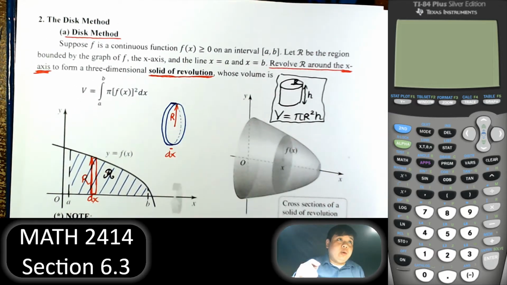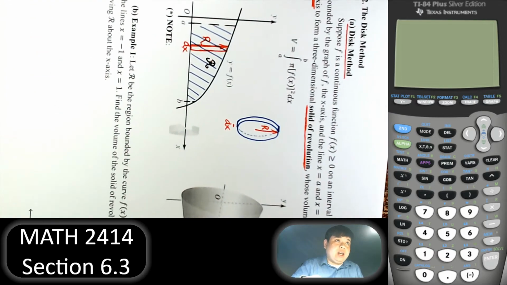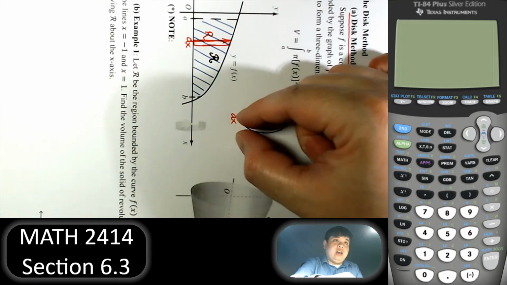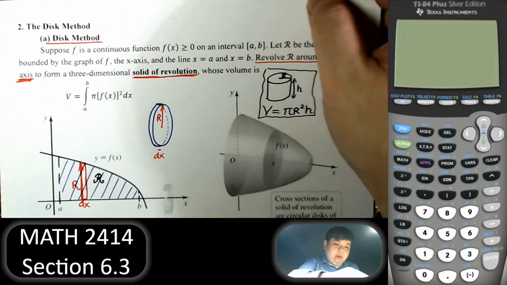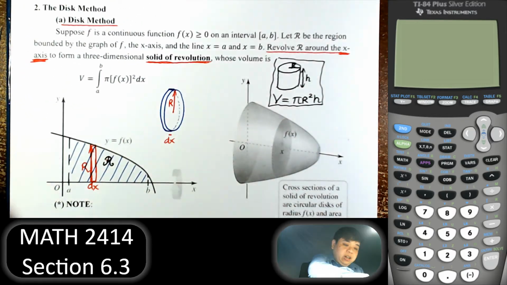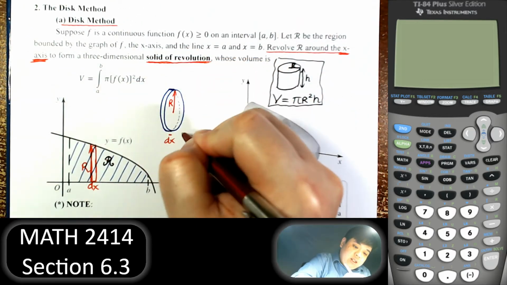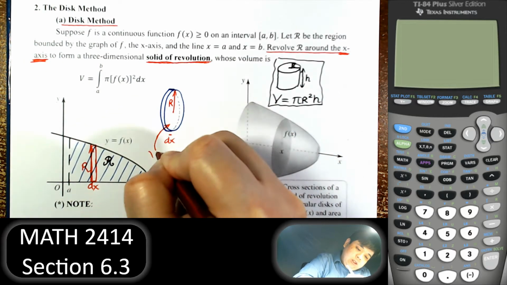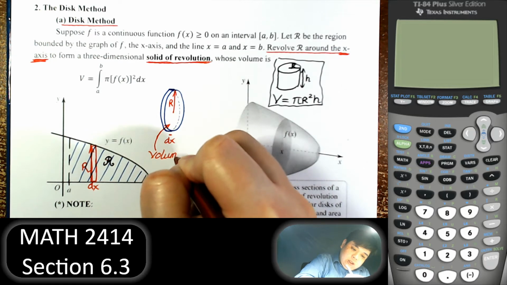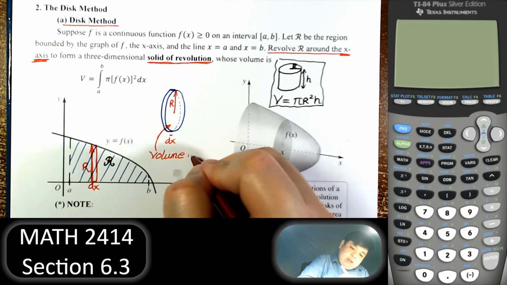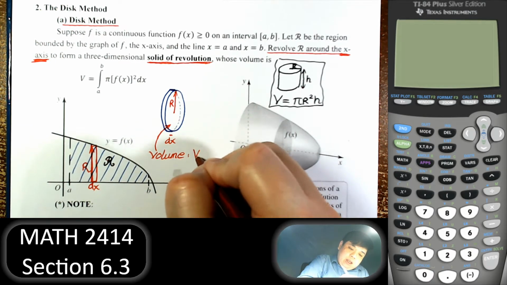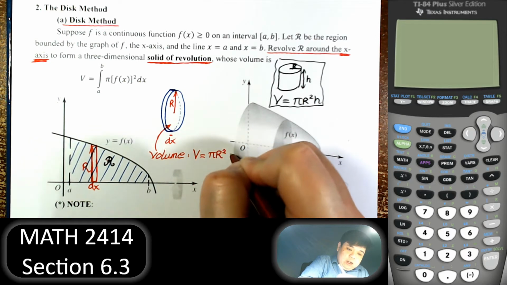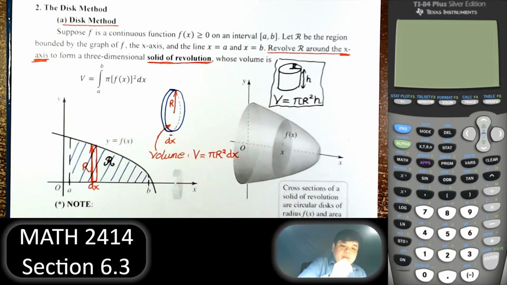Now this is also a cylinder. If we turn that sideways like this, we have the radius as the base, and the height is delta x. So the volume of one cylinder, or one disk, is V equal to pi r squared times dx, the width.